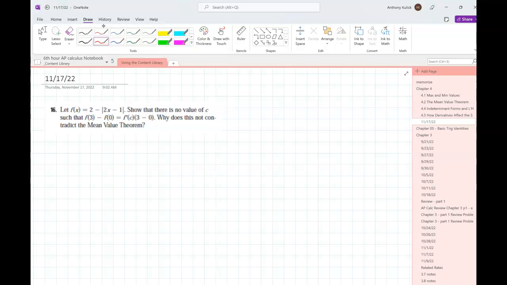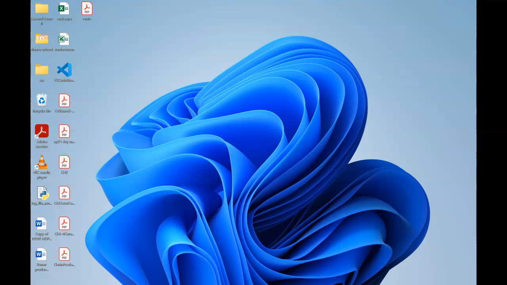So in this case, the mean value theorem says let f be a function that satisfies the following hypothesis.